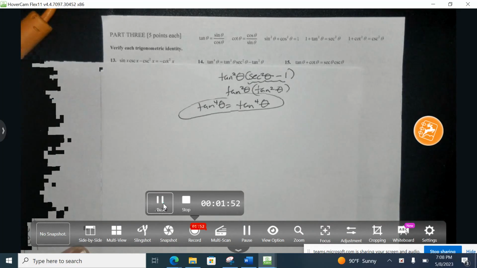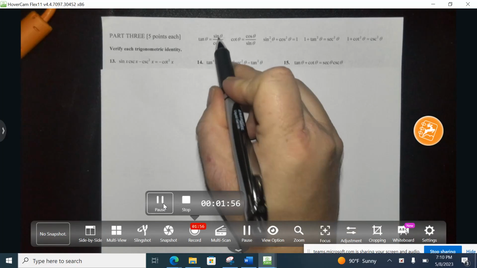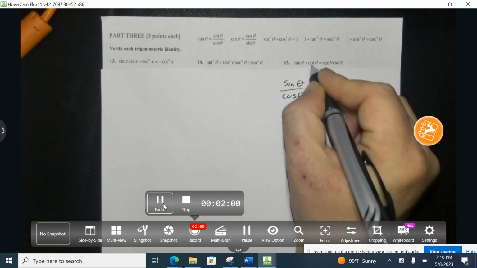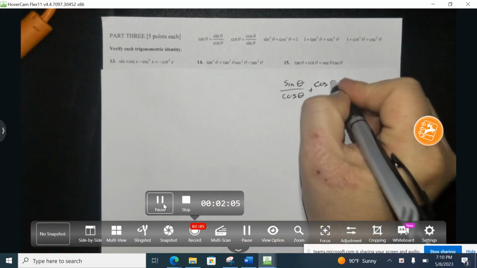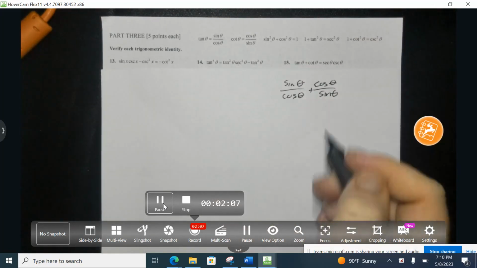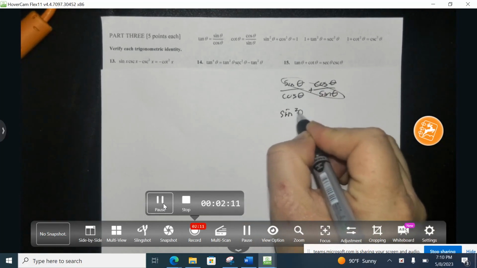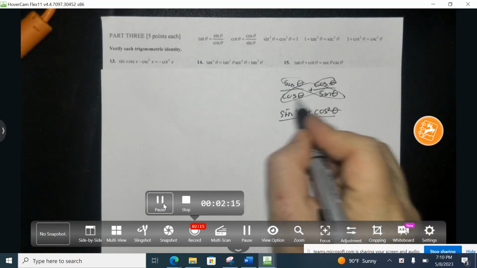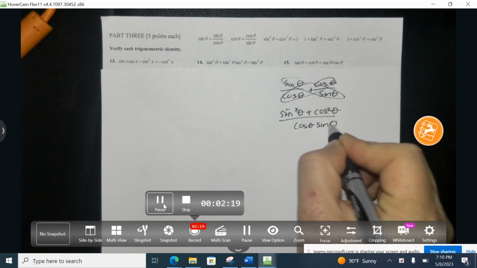In problem number 15 from part 3, I'm going to rewrite the tangent as sine over cosine, plus the cotangent is cosine over sine. Now in a butterfly, so I have sine squared plus cosine squared, and then I'm going to multiply the denominators, so cosine times sine.